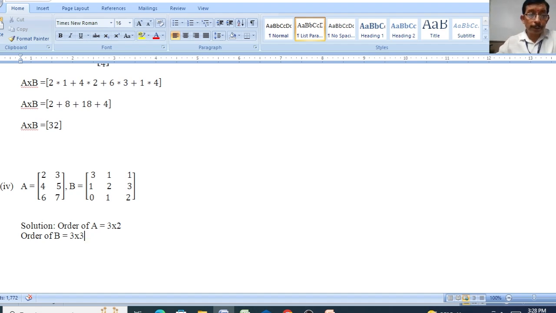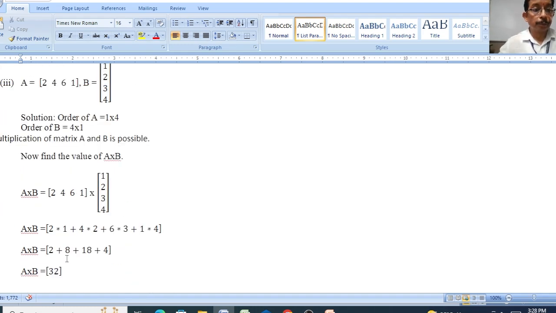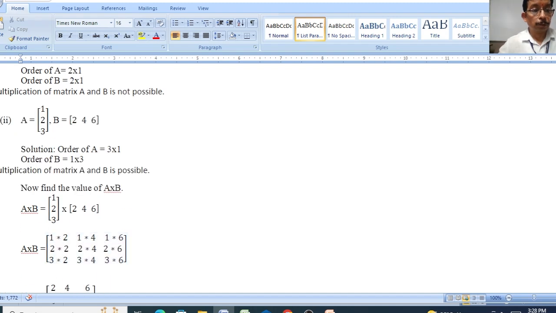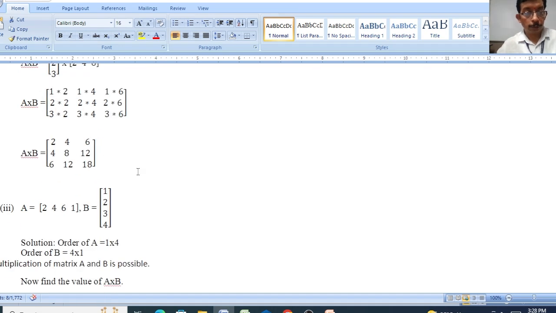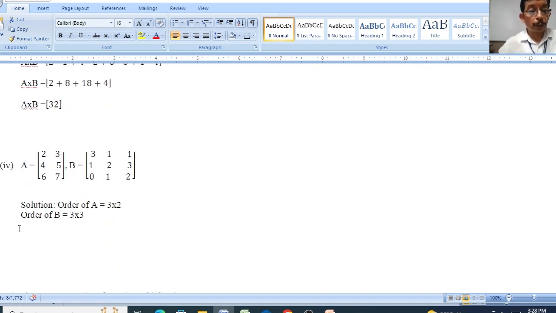Is it clear, everyone? The number of columns and number of rows are not equal, so multiplication is not possible.